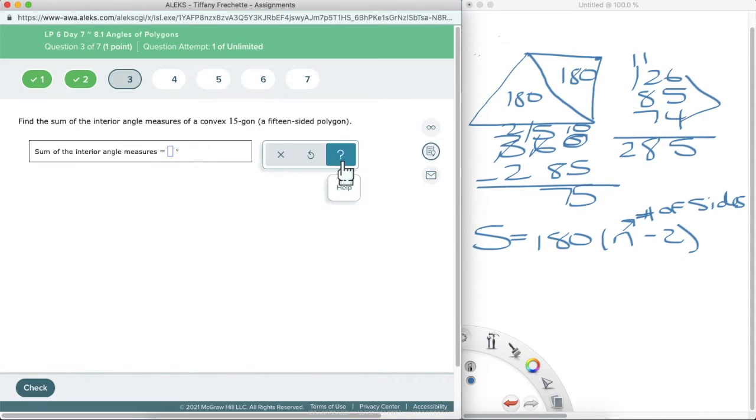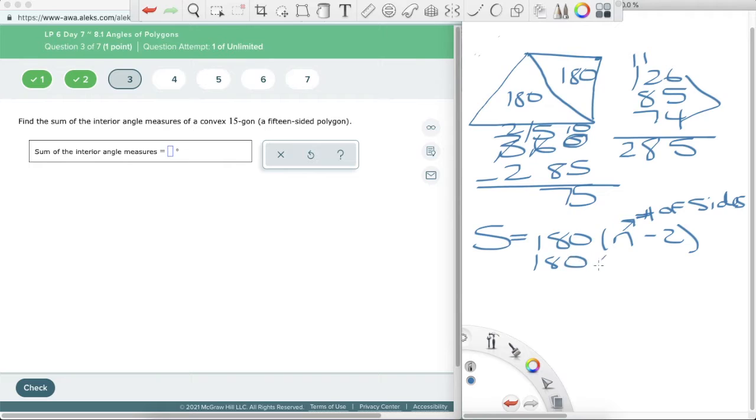So they want the sum of the interior angle measures of a 15-gon. So I have 180 times 15 minus 2. We can even think about why this formula works. I'm not going to attempt to draw a 15-sided figure, but if we think about a triangle, it has 3 sides, so I do 3 minus 2, which gives me 1. 1 times 180 is 180.